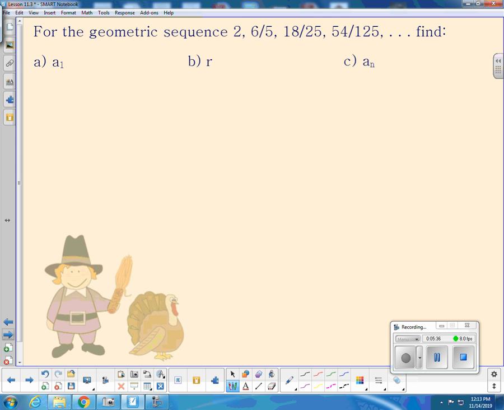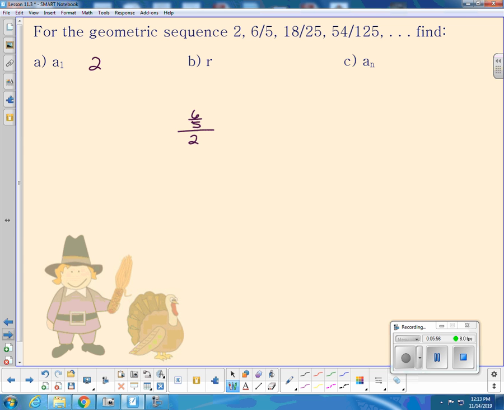Find the first term, the ratio, and then write the sequence, the explicit form for that sequence. So the first term is 2. It's easy enough. The R value, the ratio, is the second term divided by the first.